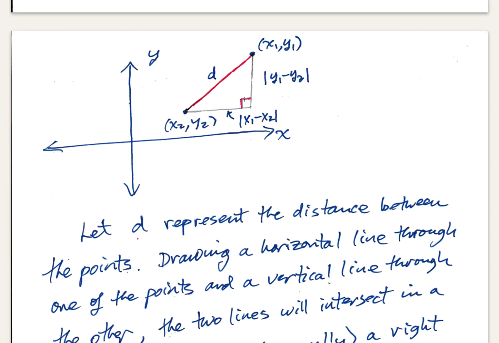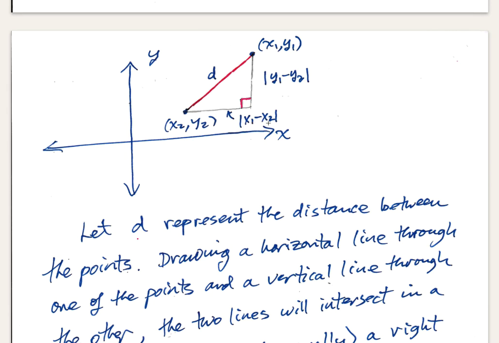Now, let's go ahead. So d is the distance between the 2 points. That's the hypotenuse. What's going to be the length of the 2 legs? Well, one length, the horizontal leg, I should say, will have length which is the absolute difference in the x coordinates. So there you see I've got my vertical bars.